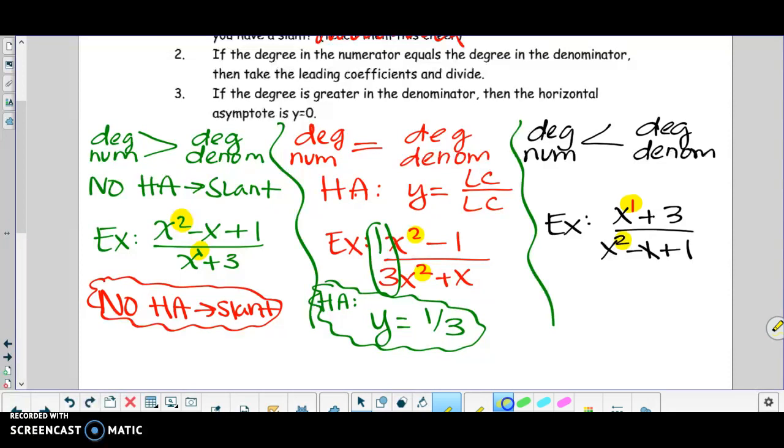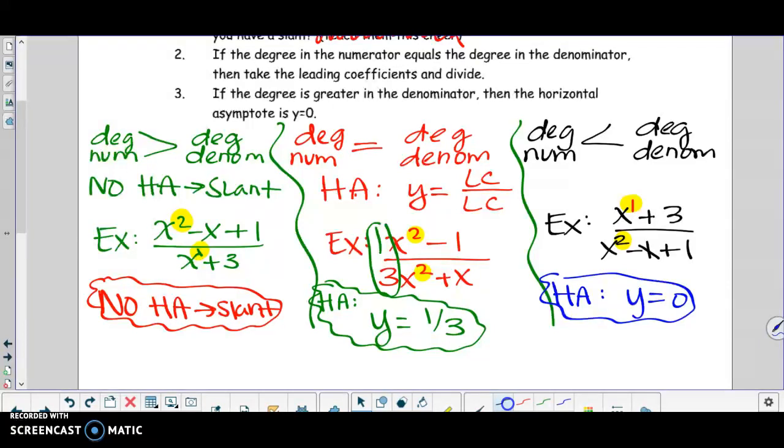Is the numerator less than the denominator? So it is automatically going to be y equals 0. I don't care if that was 3 over 5, 4 over 7, nothing over 1. It would be 0 every time if the numerator is less than the denominator.